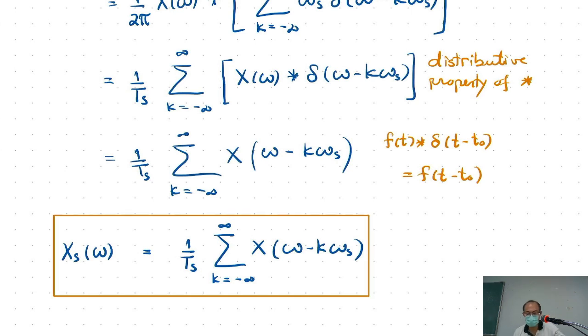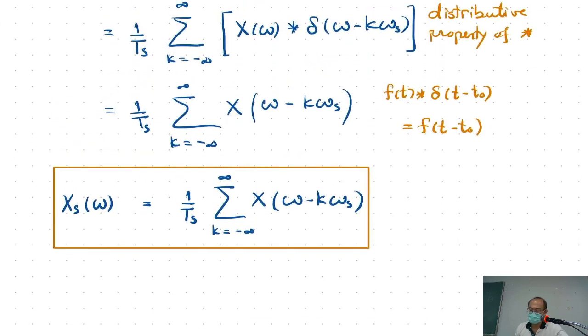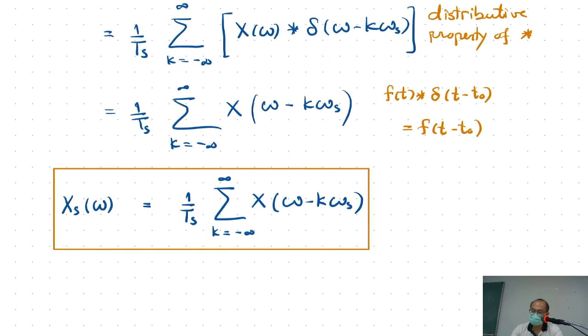And this is important. So how do we interpret this result? Let's look at an example.